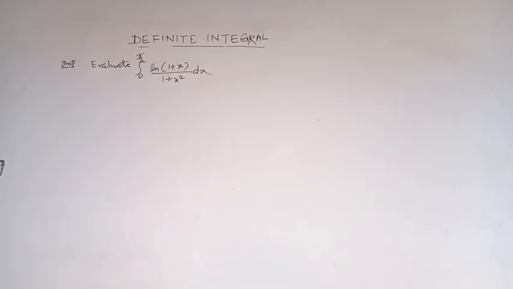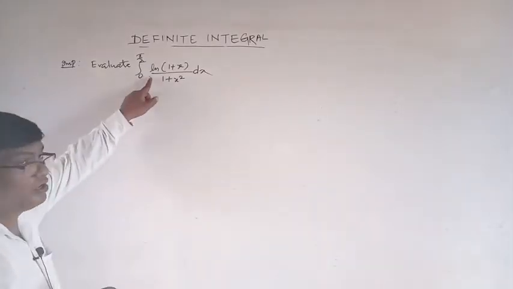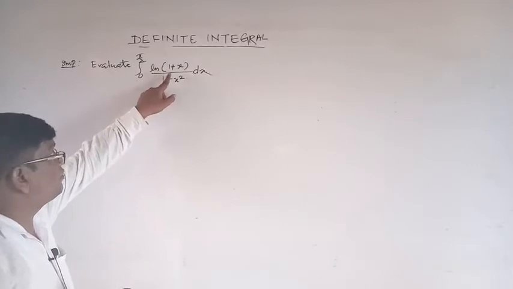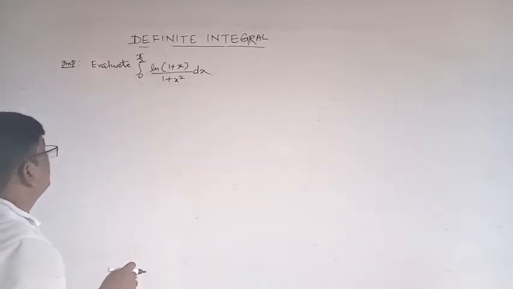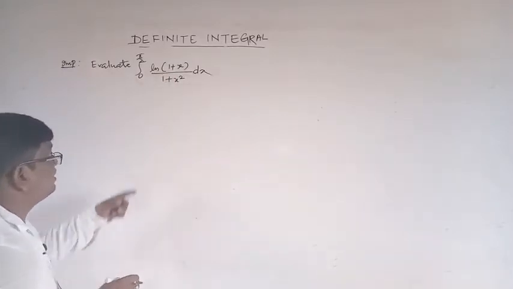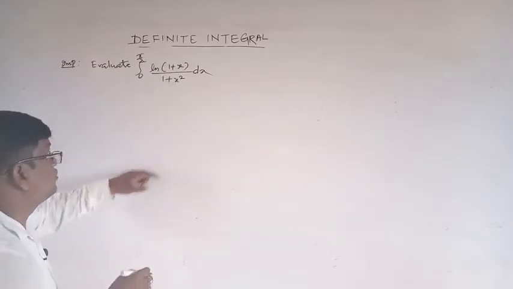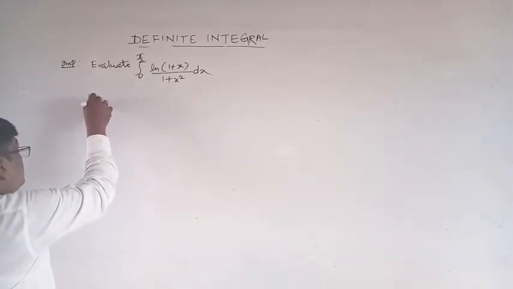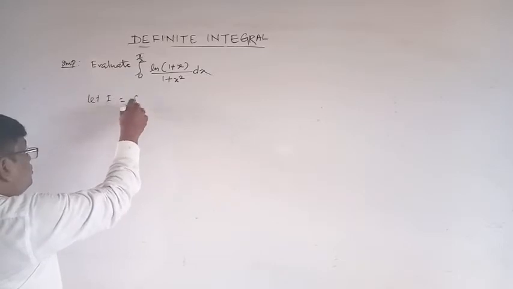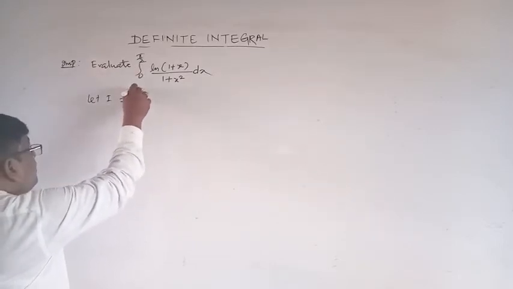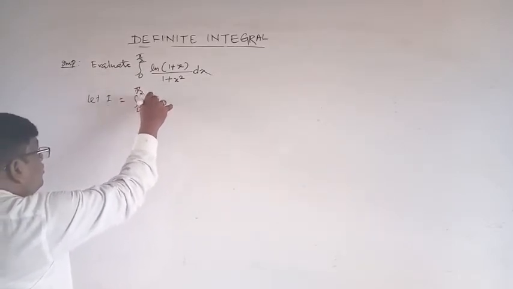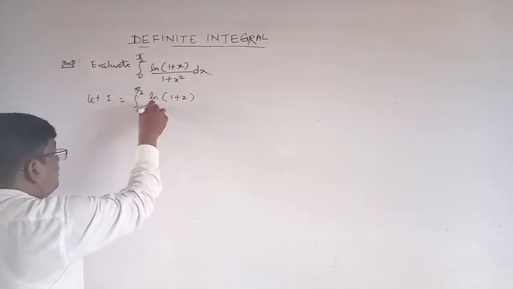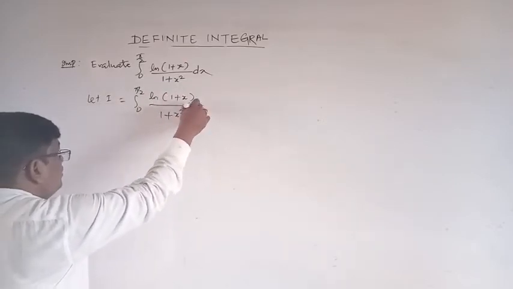Another important question, evaluate 0 to pi by 2 log of 1 plus x divided by 1 plus x square dx. It is in the form of a square plus x square. So let I is equal to 0 to pi by 2 log of 1 plus x by 1 plus x square into dx.